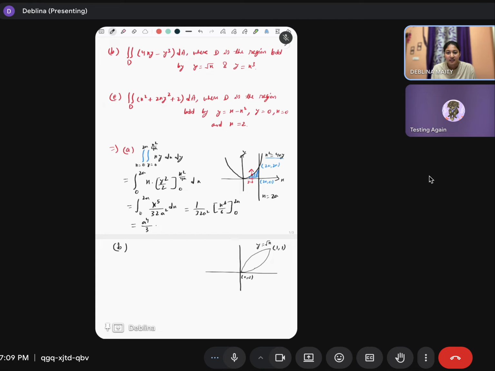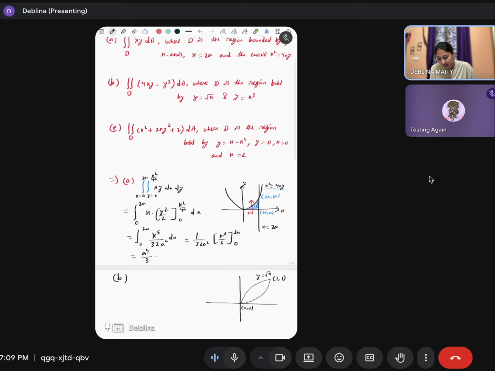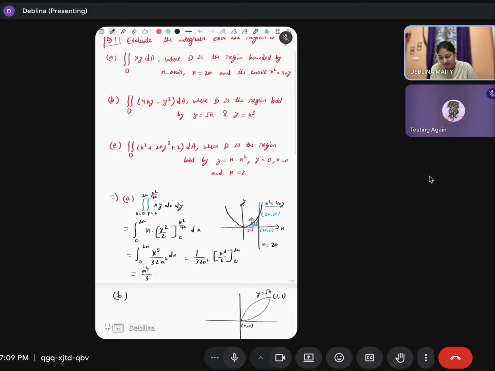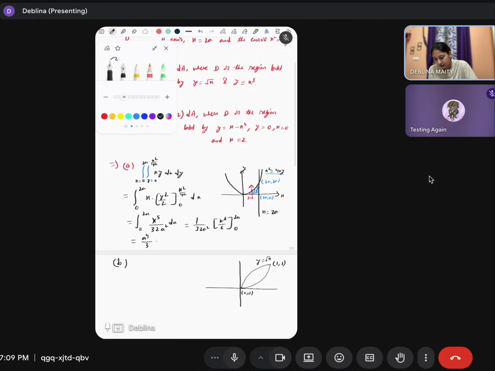So we have to integrate in this region, and we'll find the limits of x and y from this region.